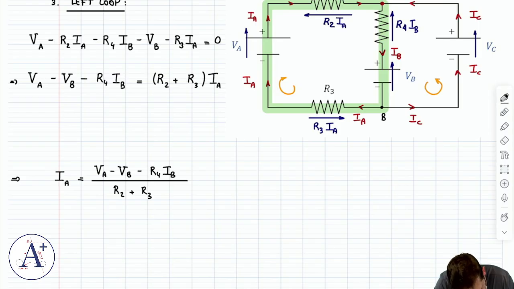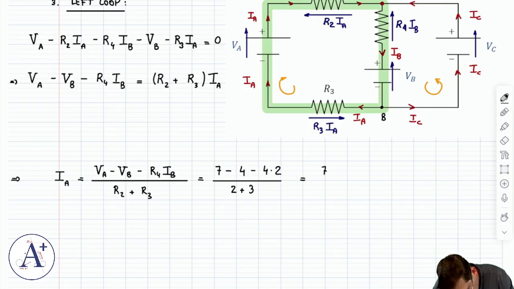Okay, so what's that going to be? All right, well, VA is 7, minus VB is 4, minus R4, which is 4, times the current, which is 2, that's IB I just found, and that's going to be divided by R2, which is 2, plus R3, which is 3.